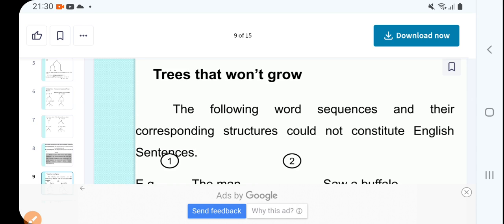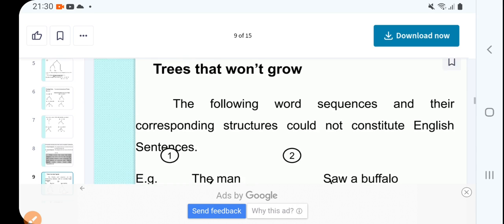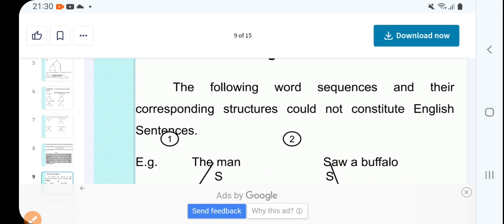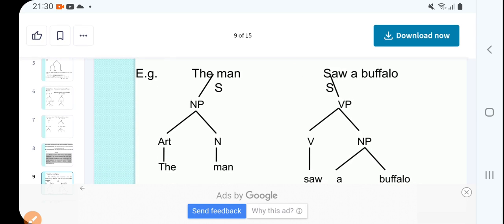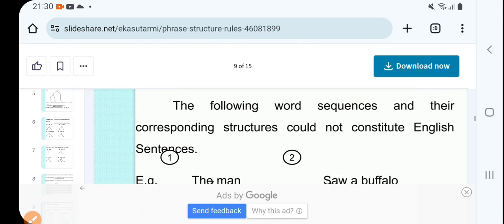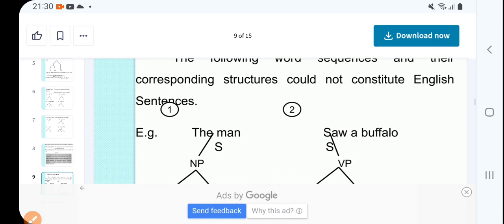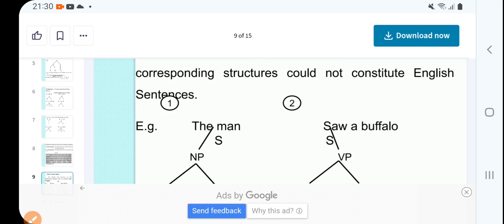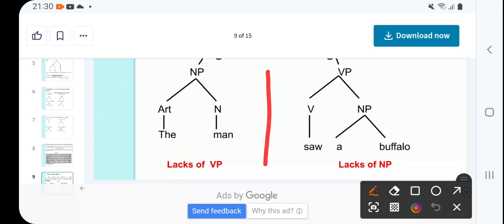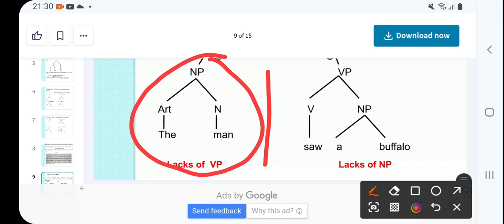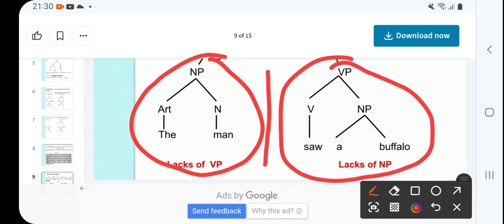The following word sequences and their corresponding structures could not constitute English sentences. For example, the man saw a buffalo. Here, what they are saying is that these word sequences and their corresponding structures could not constitute English sentences. This is not an English sentence, because in every sentence a noun phrase and a verb phrase are required.